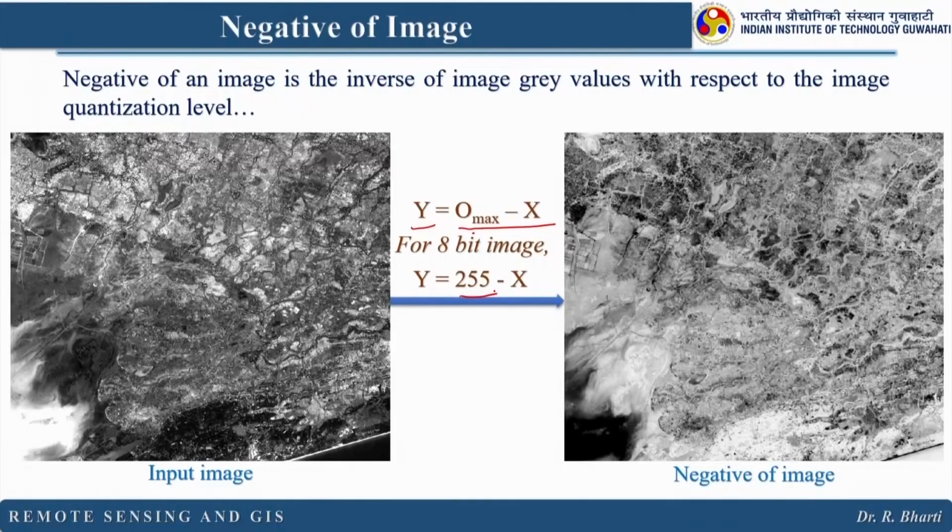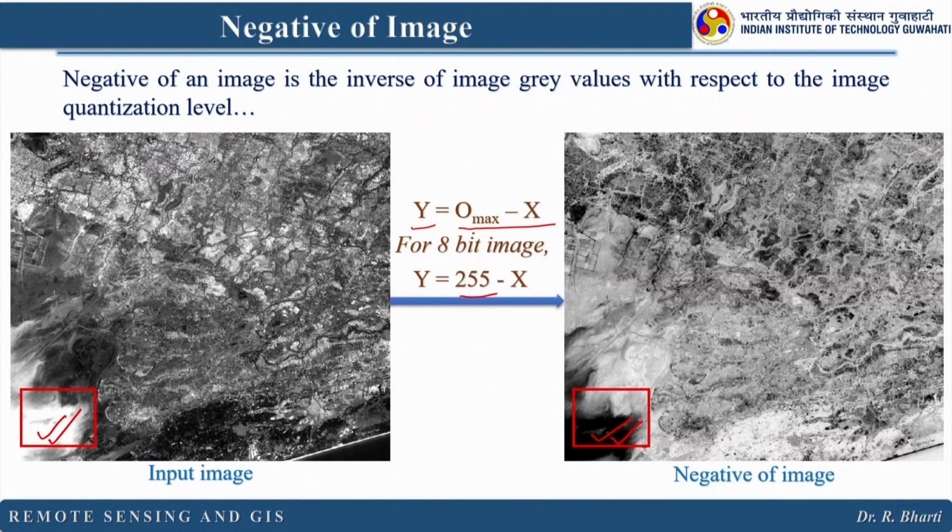So, here you can see the difference, and just see the changes here. Here you can see that in the original image this particular area was brighter, but now here you have a darker portion, right. So why did it happen? Because it is just the negative of the image, because we are subtracting from the maximum value of your image quantization level.